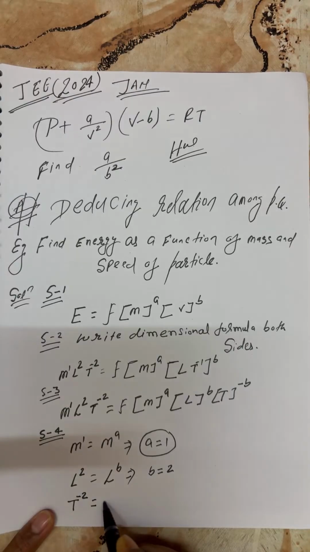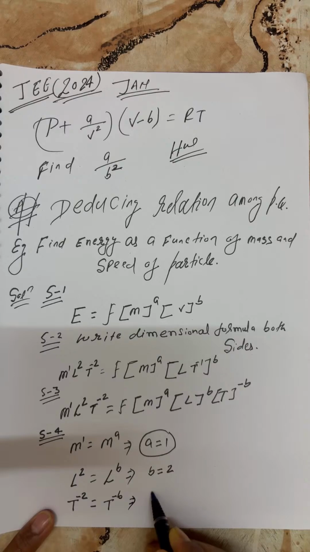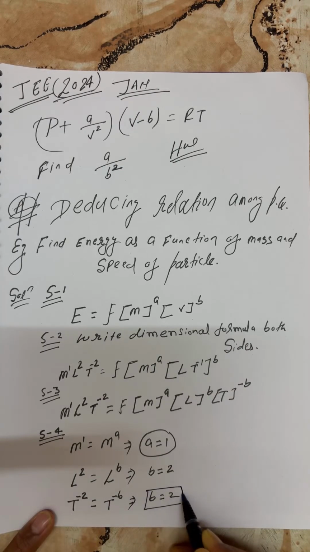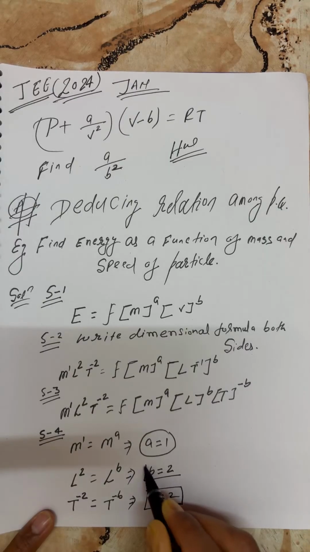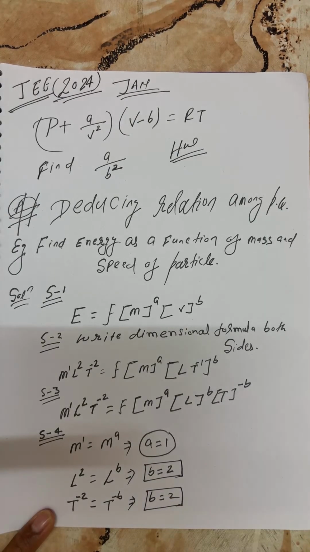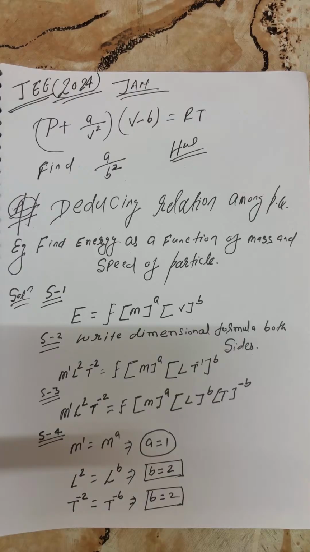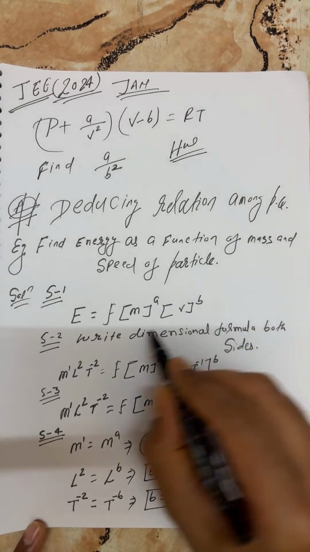Here, T to the power minus B. This implies B is equal to 2. Right.